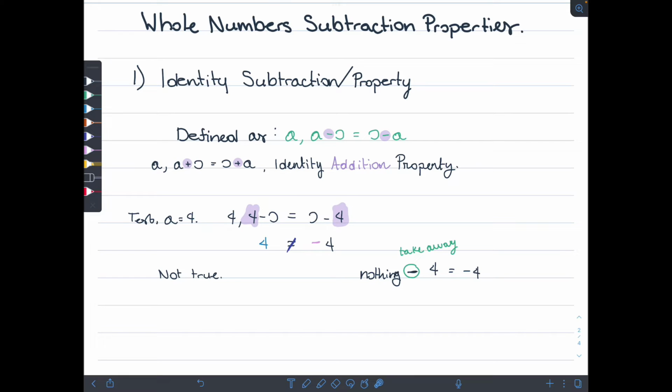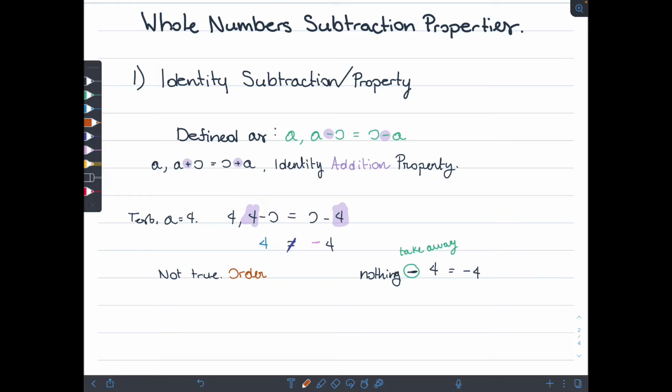Why? Well, look at what I just said. This whole number greater than 0 is behind the minus, while on this side the whole number greater than 0 is in front of the minus sign. Order matters. How you place the number and where you place the minus sign matters a lot.